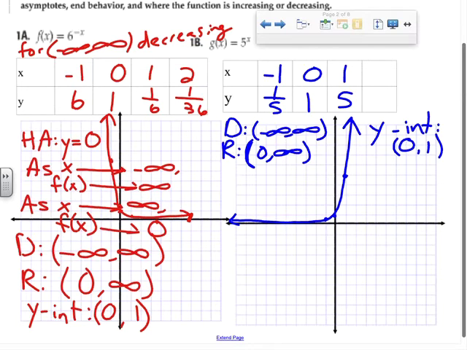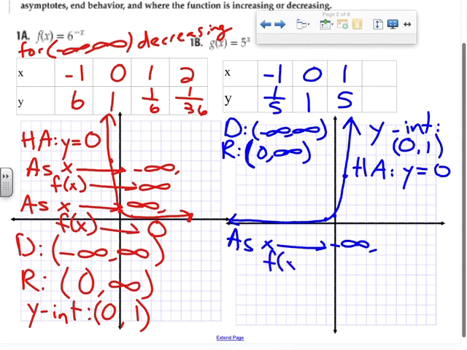My horizontal asymptote here is, again, y equals 0. My end behavior is pretty much the exact opposite of the function I have graphed in red. So as x approaches negative infinity, f of x is approaching, again, realize what you're looking at.